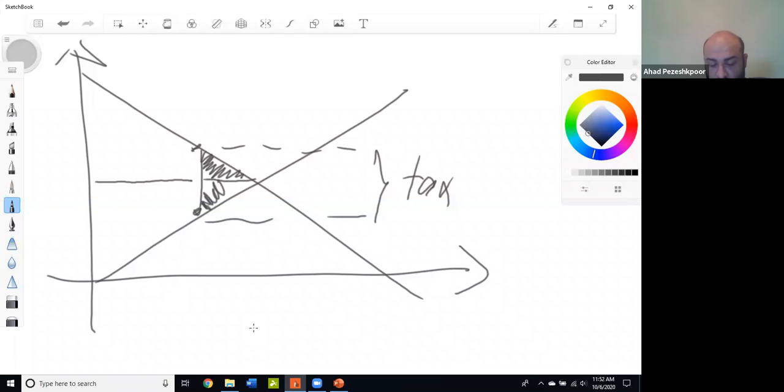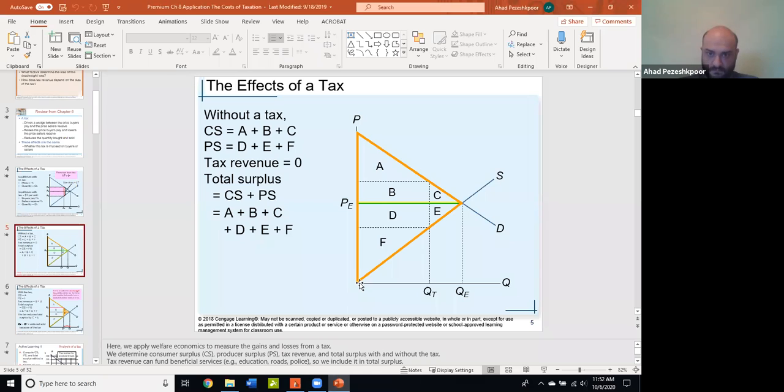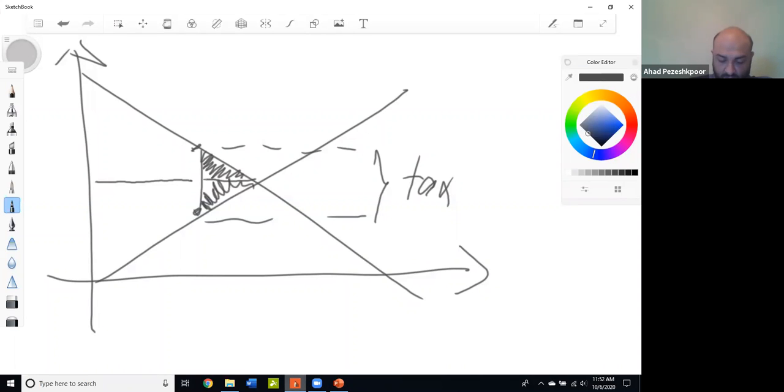We lost this part because producers had to reduce their production, and the remaining parts, as you can see here, are consumer surplus and producer surplus. The remaining parts here.